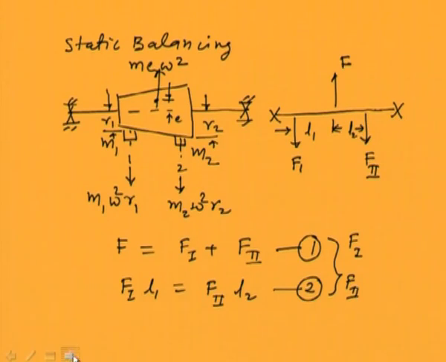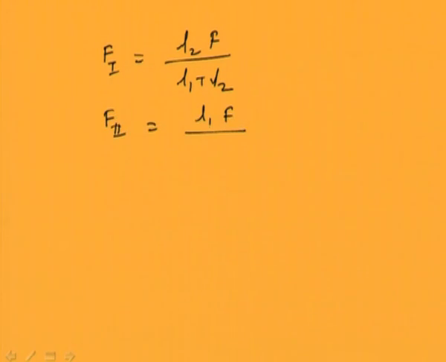So they will take this form: F1 will be L2 F by L1 plus L2, and F2 will be L1 F by L1 plus L2. F is the unbalanced force which is there in the rotor.